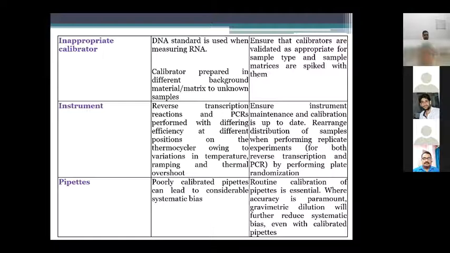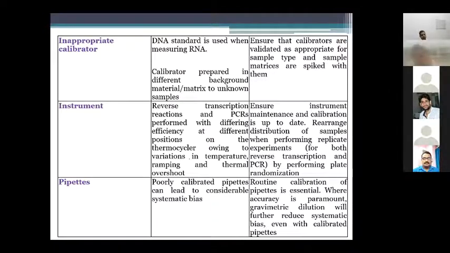So ensure that the calibrations are validated and appropriate for the sample type, and that the sample matrix is spiked with them. In the reverse transcription reaction and the PCR, the instrument performs with differing efficiency at different positions on the thermal cycler, owing to variation in temperature ramping and thermal overshoot.